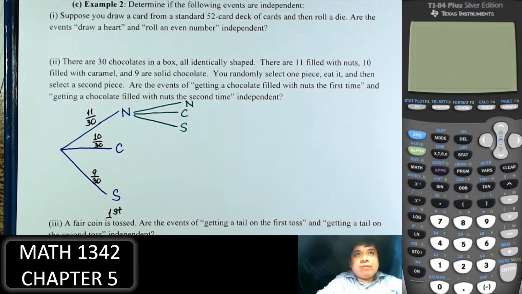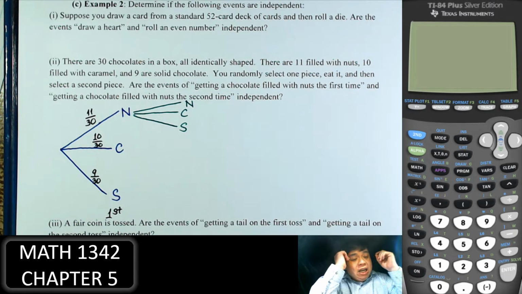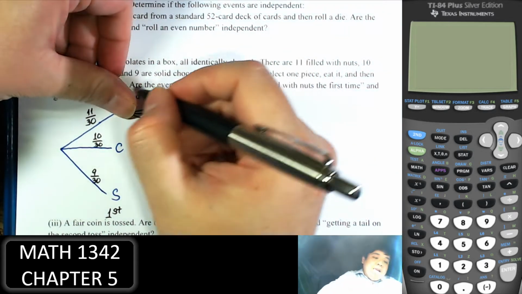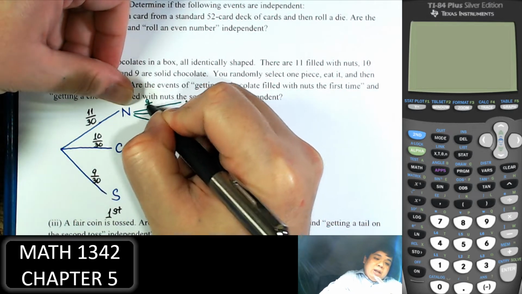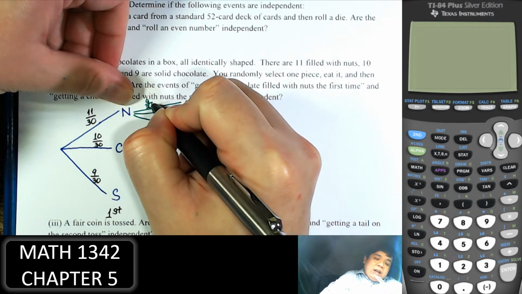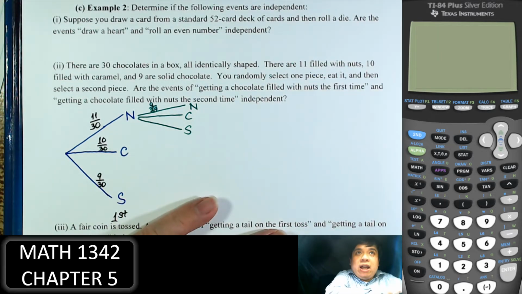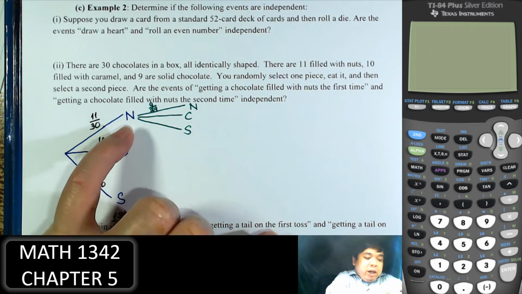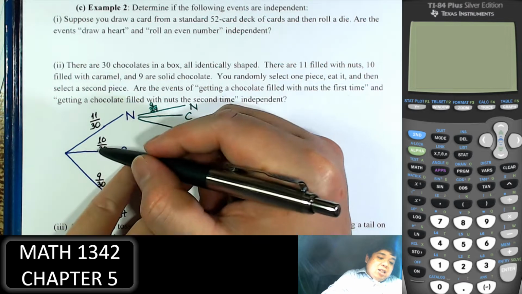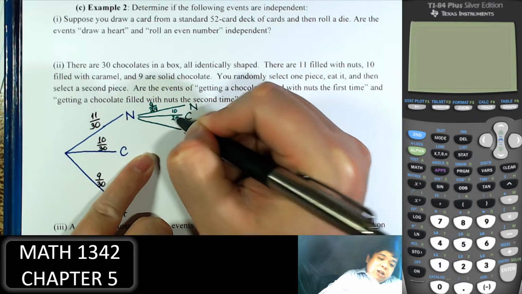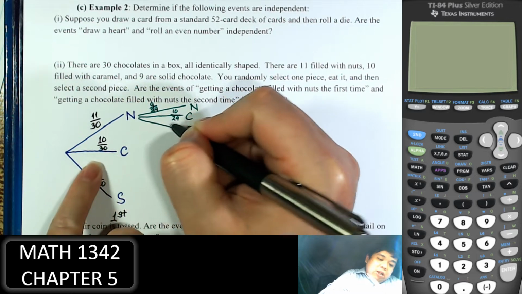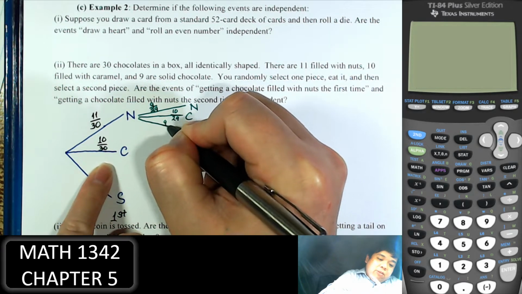Now the difference here is if we eat the first one and it is a nut, then there will be only 10 nuts left, and there will be 29 total chocolates left. If the first one is a nut, there are still 10 caramel left, so it will be 10 out of 29, and the last one will still be 9 solid left, but out of 29.